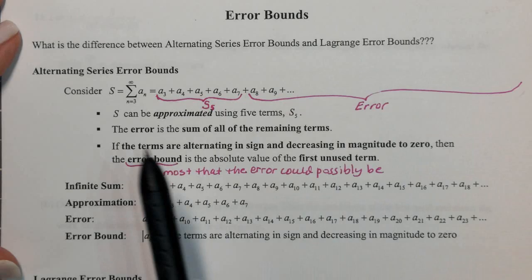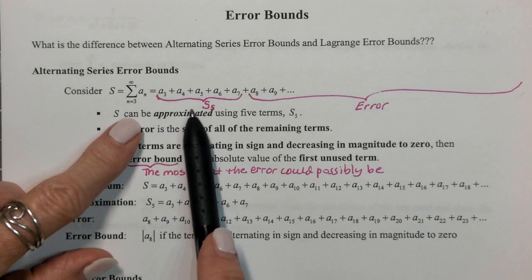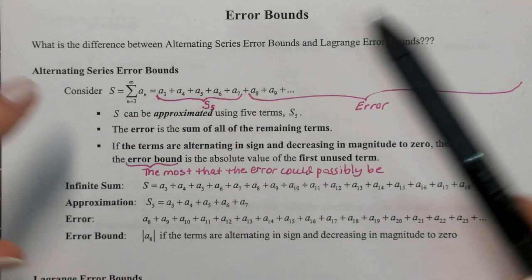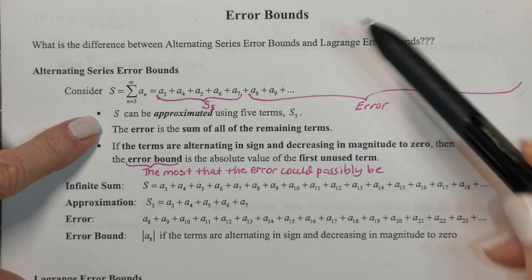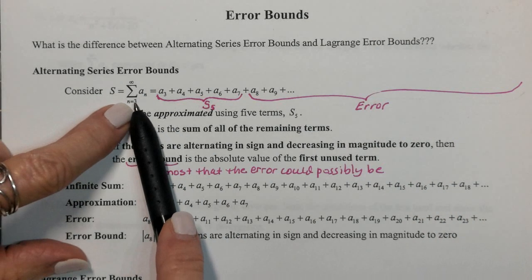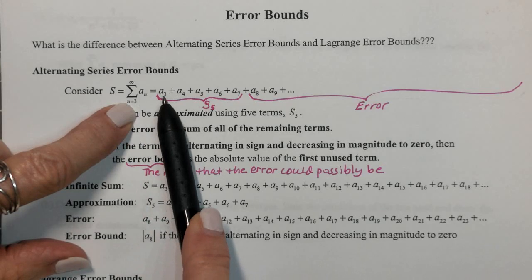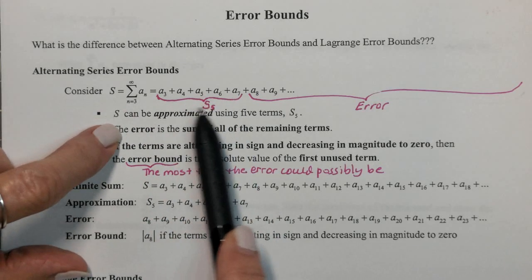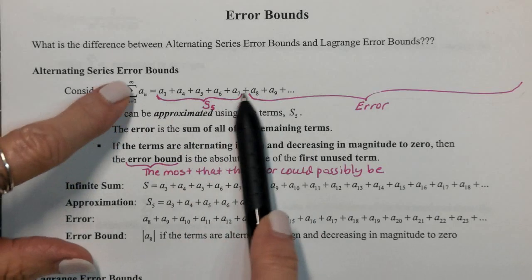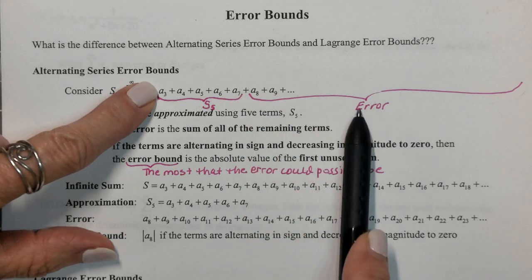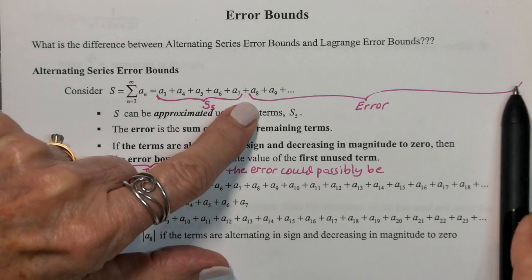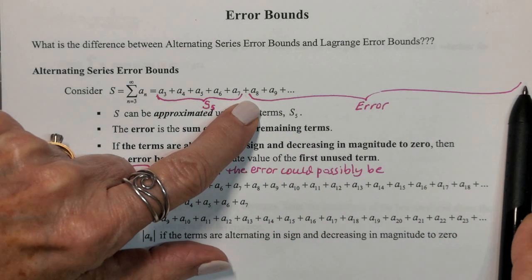In general, we're approximating a series. So this series starts when n is 3. The sum of the first 5 terms would be from a sub 3 to a sub 7. The error is everything else.